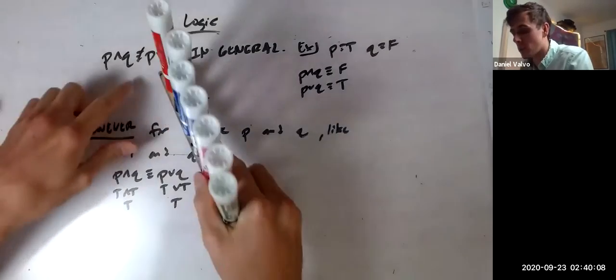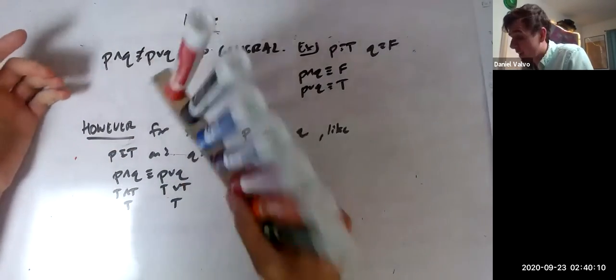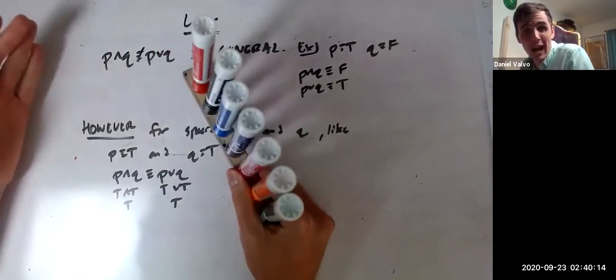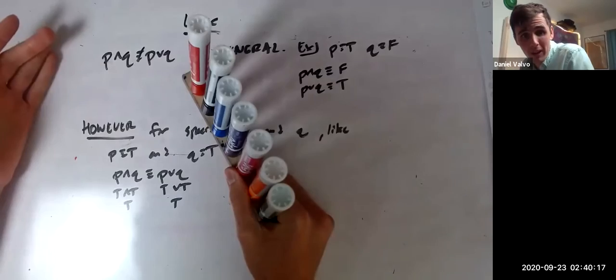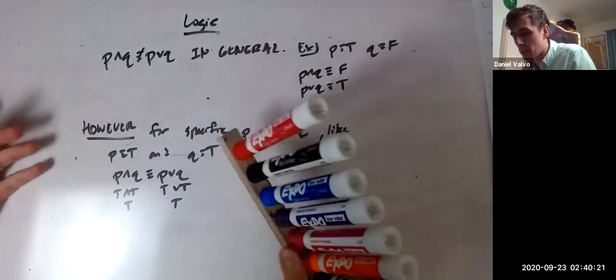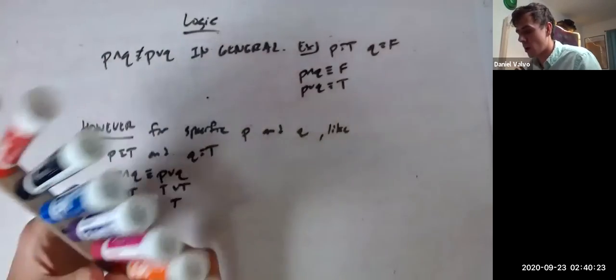So even though this doesn't work in general, sometimes it'll work if you have the right P's and Q's. These are not equivalent expressions in general. All it's saying is that P and Q and P or Q are different.